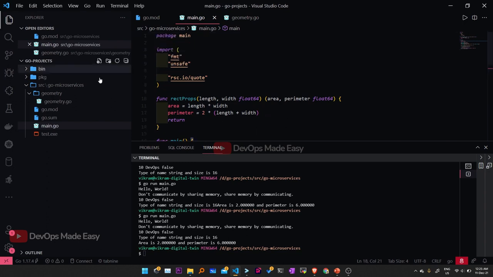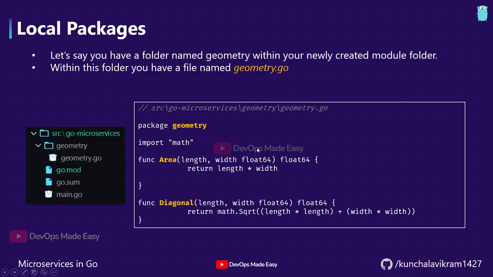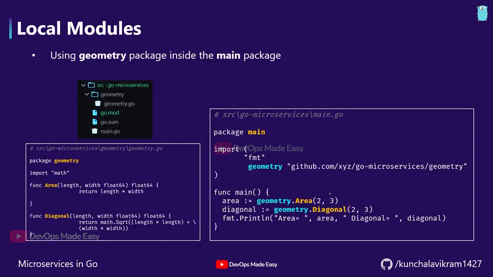So when I wanted to call the functions which are declared in this geometry.go, first I have to import it. Let's see what are the various ways we can import it. So importing local packages: let's say you have this geometry.go with various functions defined in it, and you wanted to import it into your main.go file.